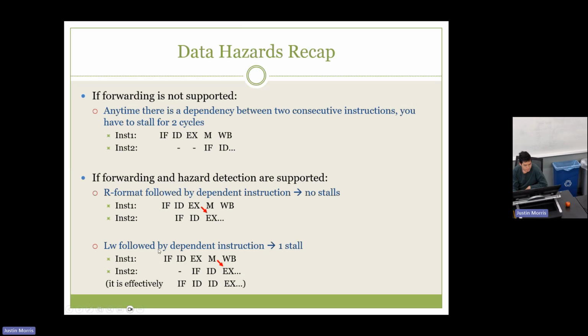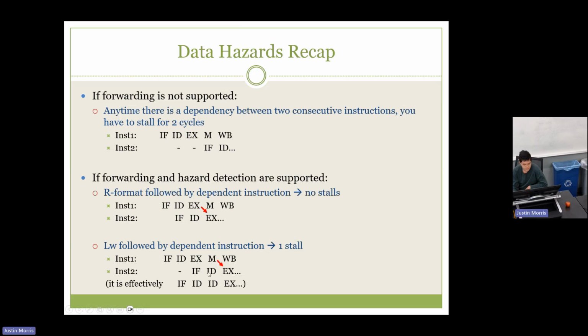But if we have a load word followed by a dependent instruction, we require this one stall. Right? Because the load word doesn't have its data available for us until the end of the memory stage.